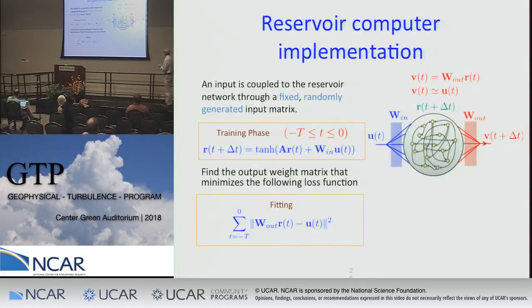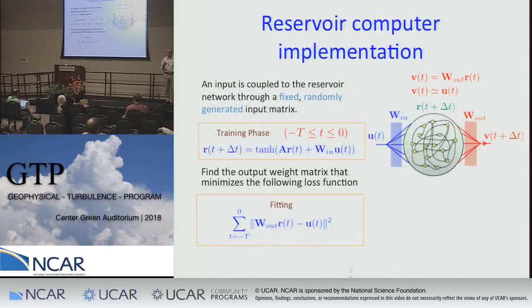So the basic notion, and this is Brian Hunt and Ed Ott and J.D. Pucks, the graduate student: you observe a vector of observations from your turbulent system or your weakly chaotic system. You then observe the output state of a reservoir computer and compute an output vector which most closely allows you to predict the next time step. So you're basically training a tool by observing data to do time stepping for you.